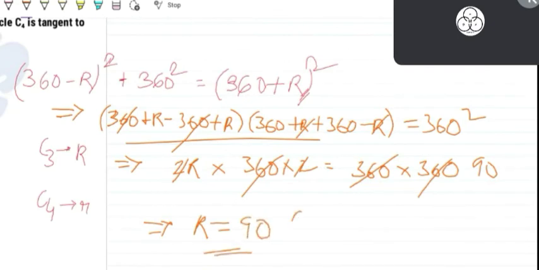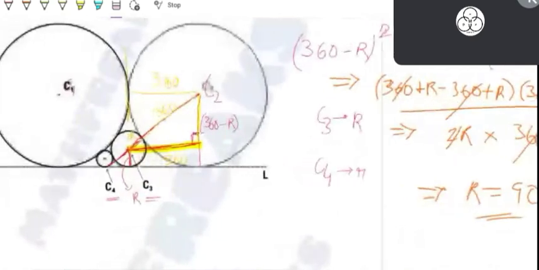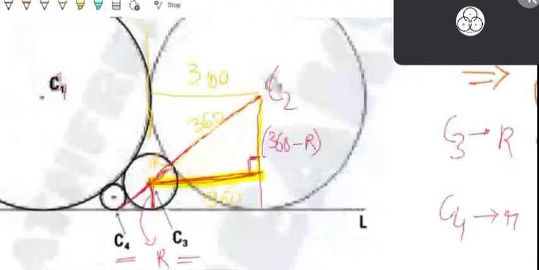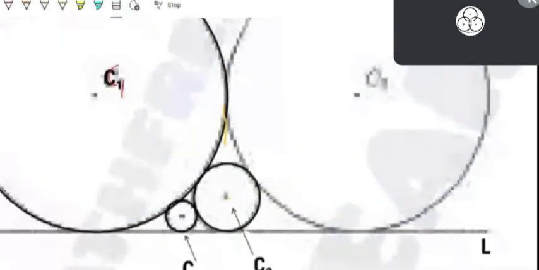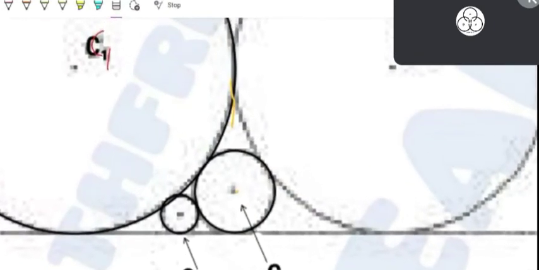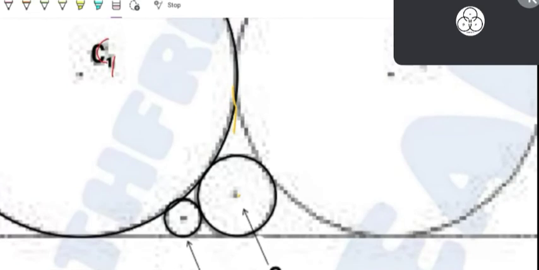Why are we so slow in these calculations? This is not the answer, right? We need to find the small r. Okay, again we'll apply Pythagoras theorem over here, right?